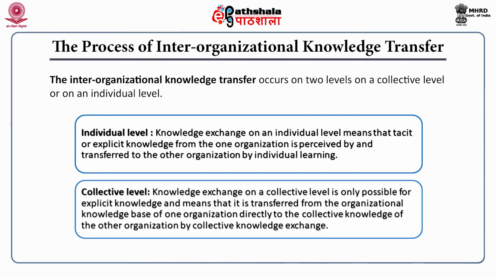At the collective level, knowledge exchange is only possible for explicit knowledge and means that it is transferred from the organizational knowledge base of one organization directly to the collective knowledge base of the other organization by collective knowledge exchange.